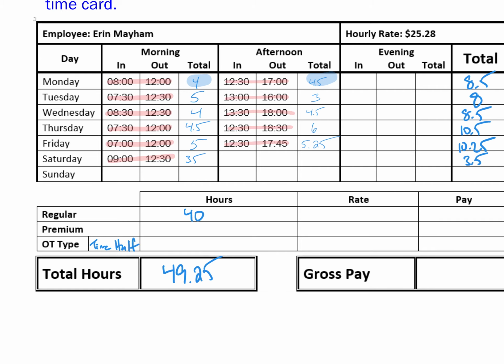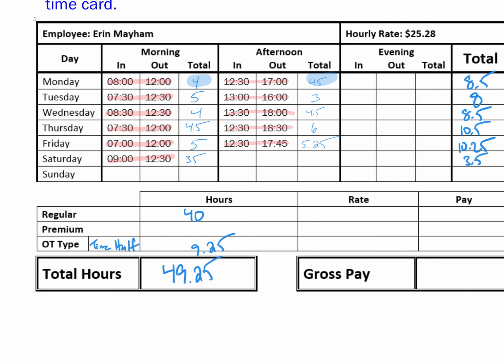And how many hours are those? 9.25. Beautiful. 9.25, the rest of them. So if there's 40 regular hours, there's 9.25 overtime hours.